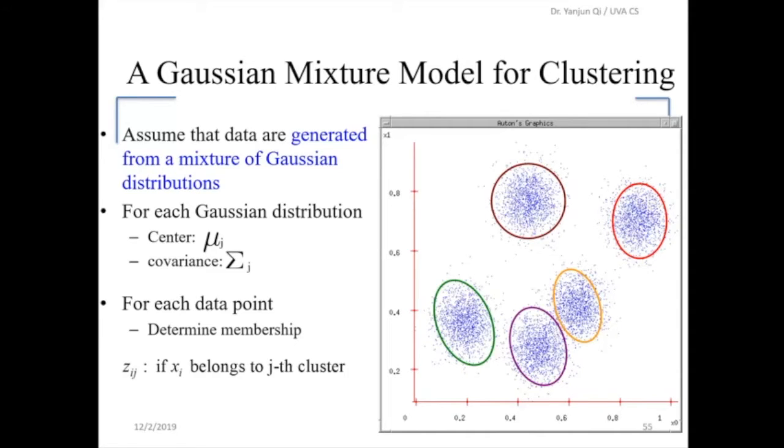So this is a Gaussian, this is another Gaussian, this is the third, the fourth, the fifth. And we already learned what makes a Gaussian distribution. A Gaussian distribution just needs to know the center and the shape, the covariance matrix. In this case the center is mu sub j, with j from 1 to k.